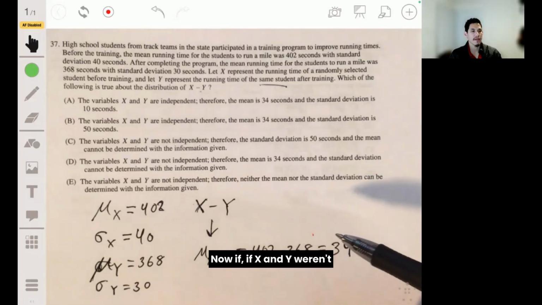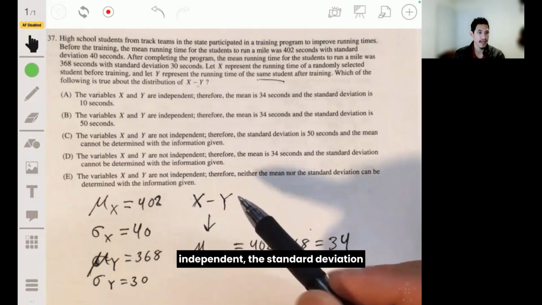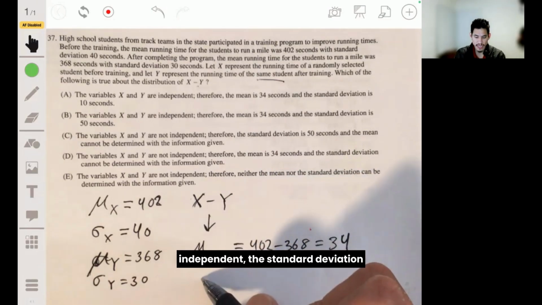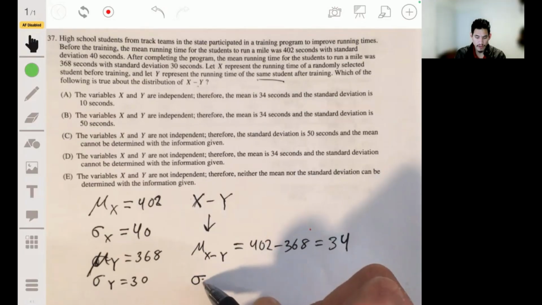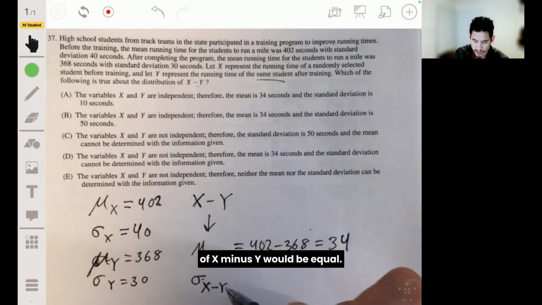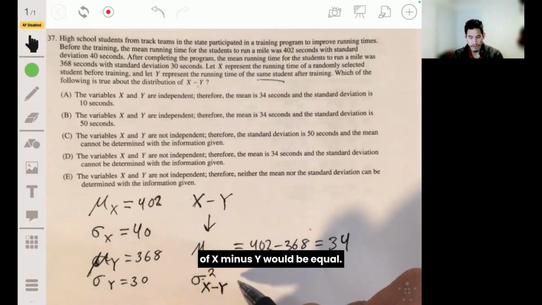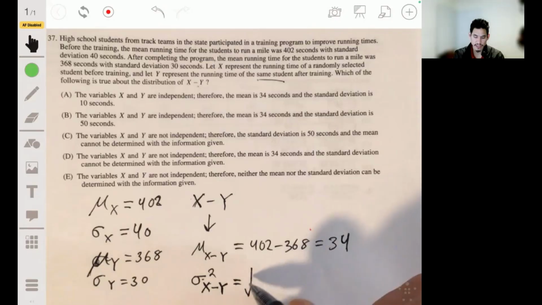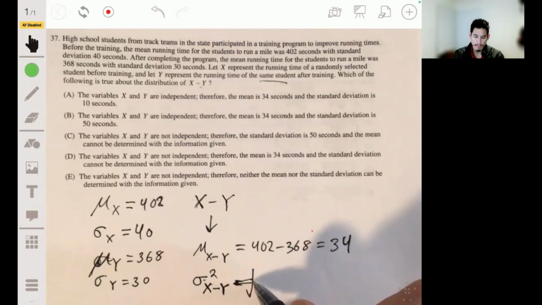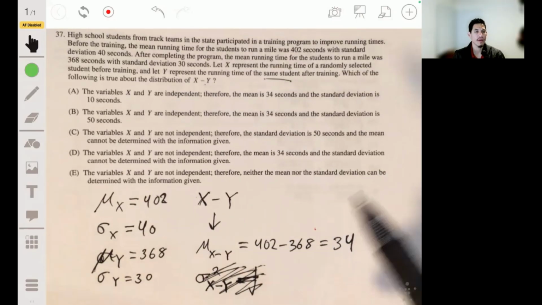Now, if X and Y weren't independent, the standard deviation or the variance of X minus Y would be equal to, actually, I won't waste your time with this. Save some time.